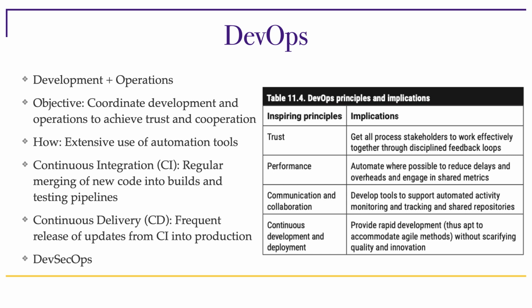But the solution that has been introduced in the last sort of decade is the idea that we now have the tools and the techniques to increase coordination between development and operations, such that we could actually create DevOps teams that do both at the same time.